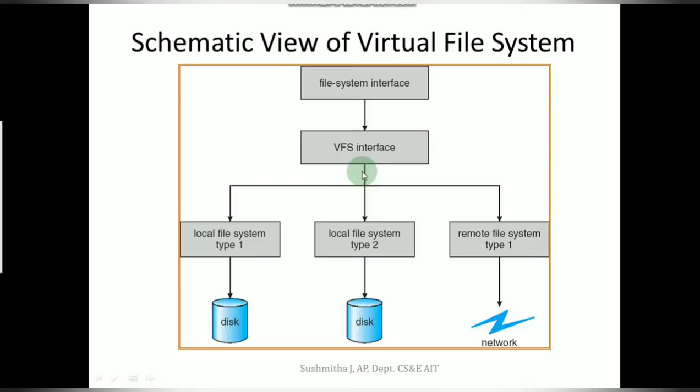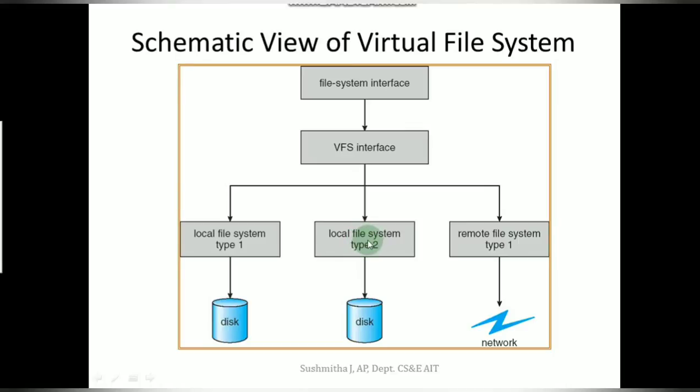Several implementations for the virtual file system interface may coexist on the same machine, allowing transparent access to different types of file systems that are mounted locally.